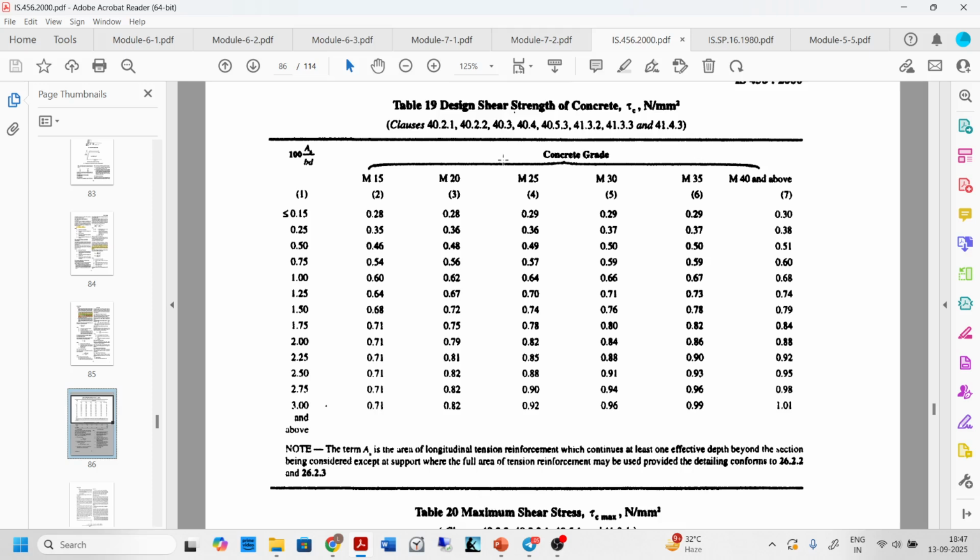One is the grade of concrete, the other is the area of the tensile reinforcement. Here in the note, the term As represents the area of longitudinal tension reinforcement, and here we have the grade of concrete. Depending on the grade of concrete, the design shear strength will also vary.